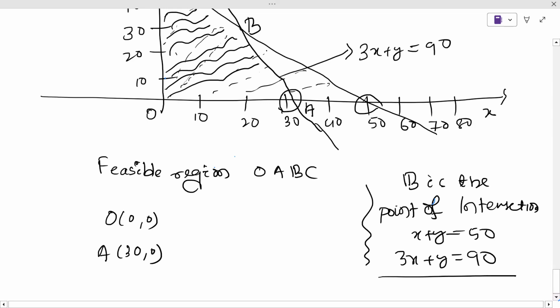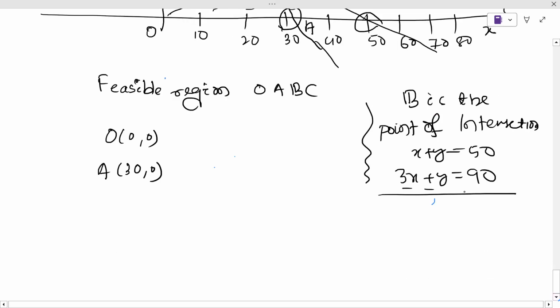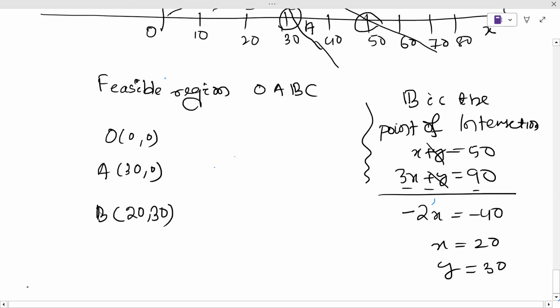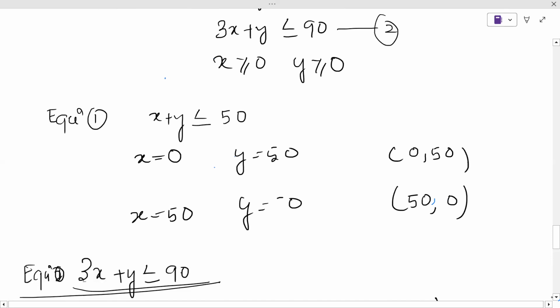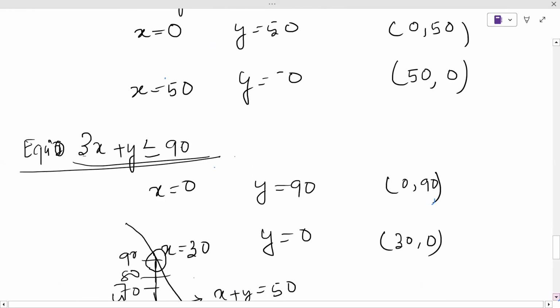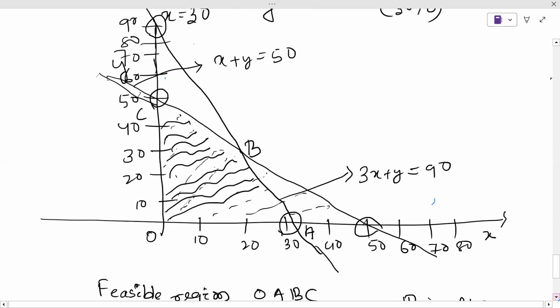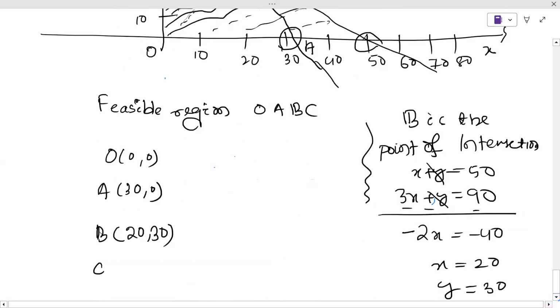Solve these two equations. Subtract: minus 2x is equal to minus 40, then x is equal to 20. If x is 20, y is equal to 50 minus 20, that is 30. So B is (20, 30). And C is the other vertex already given, (0, 50), and (50, 0).